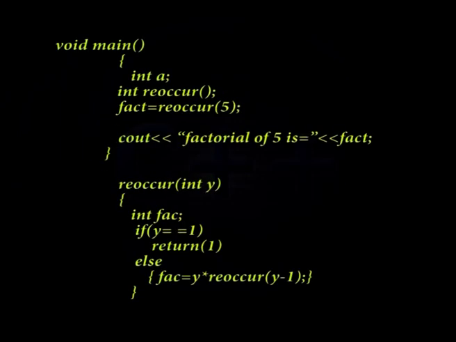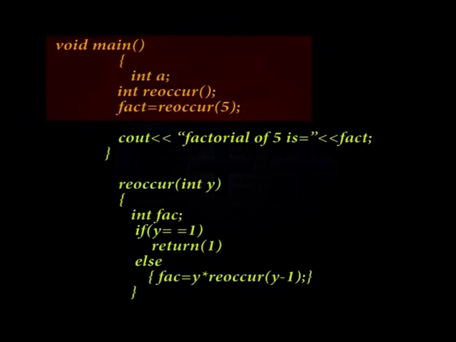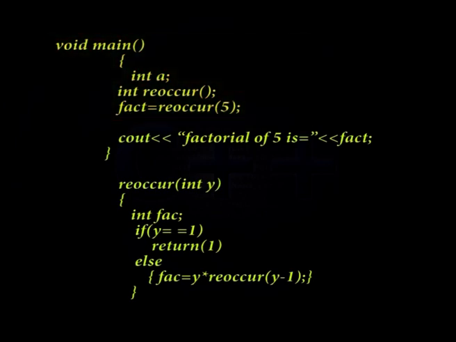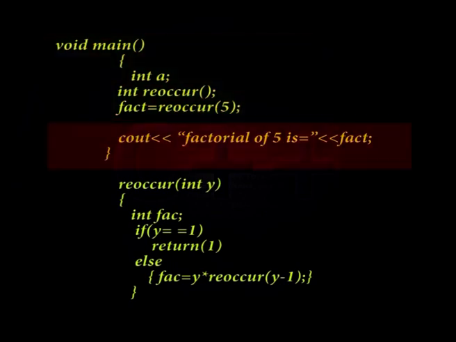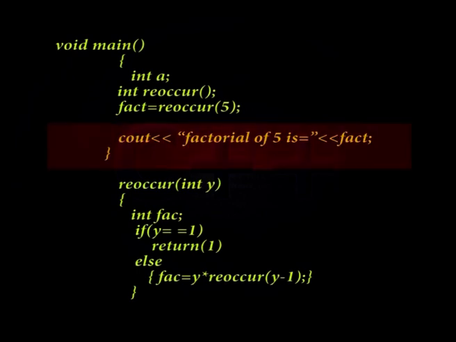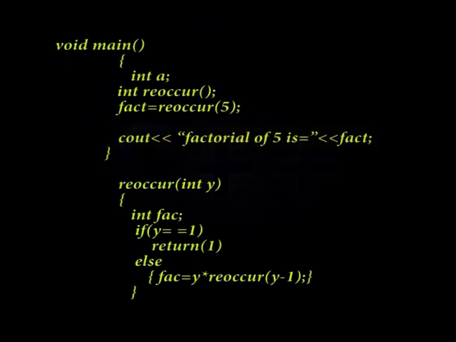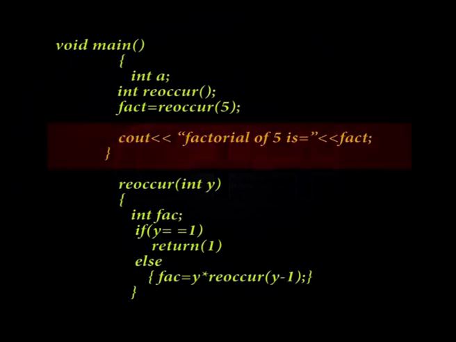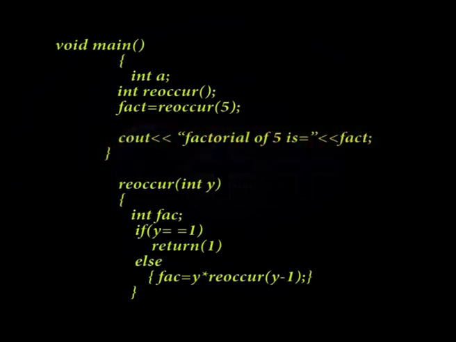Now let's write a program for this. This is the body of the main program that calls a recursive function reoccur. Here recursive function reoccur with argument as 5 is called by the main program and its value is stored in the variable fact.